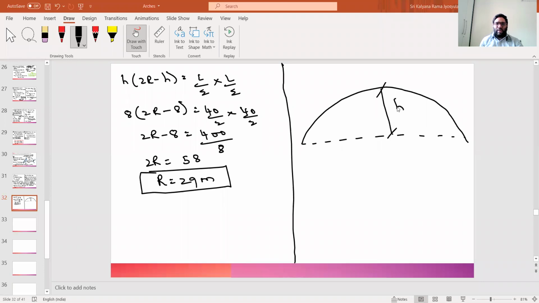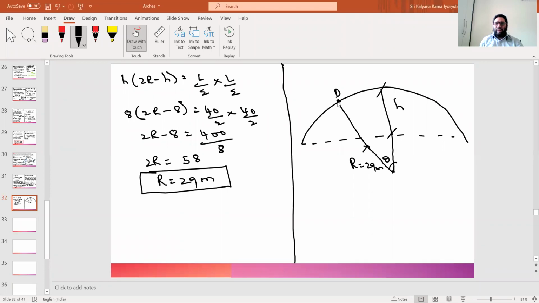So this is H. This is point D. So from this point D, this is the R. R is equal to 29 meters and this is theta.